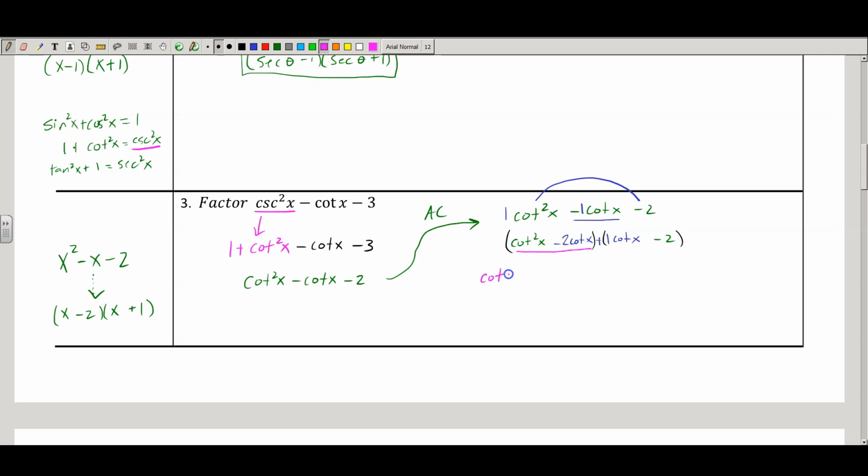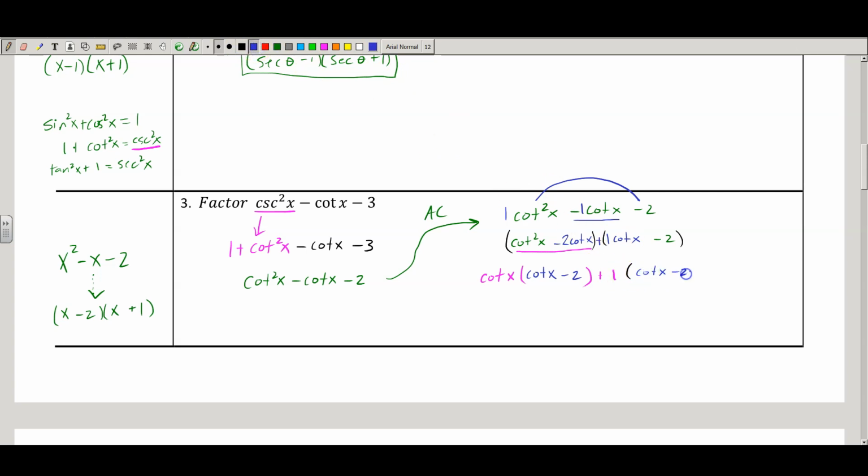So we take out the cotangent. We write what's left over, which is cotangent x minus 2. And then in the second group, we don't really have anything in common besides 1. So I can take out a 1 and write that as cotangent x minus 2 as well.